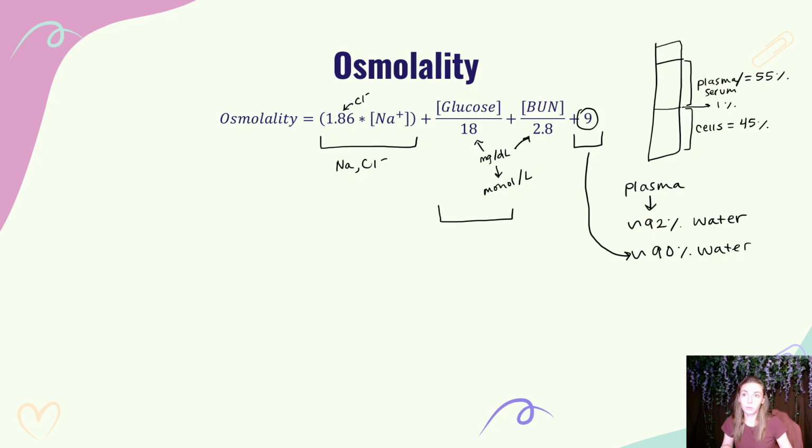This portion is to convert your glucose concentration to the correct units so that the math is consistent across the board. This right here for your BUN is to make sure that your nitrogen is converted to the right units so the math is the same. And this right here is a correction factor to make sure that your math reflects the fact that serum is 90% water. There are some labs that straight up don't use this 9, like the correction factor, at all. We do, because again, the ASCP hates us.